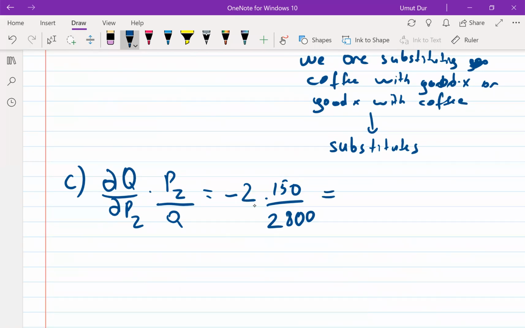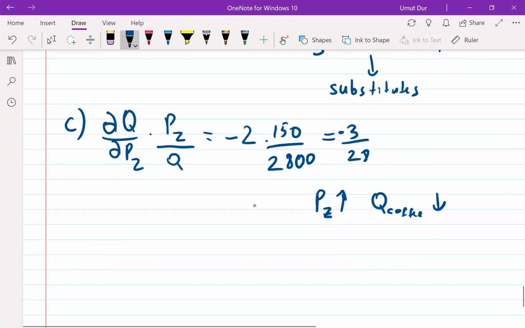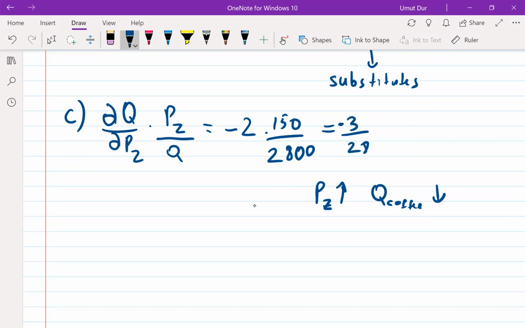If we do the math, it will be 3 over 28 with the minus sign. This means that as the price of good Z increases, the quantity demanded for coffee will decrease, which means that you are consuming these two goods together. So Z and coffee are complements.